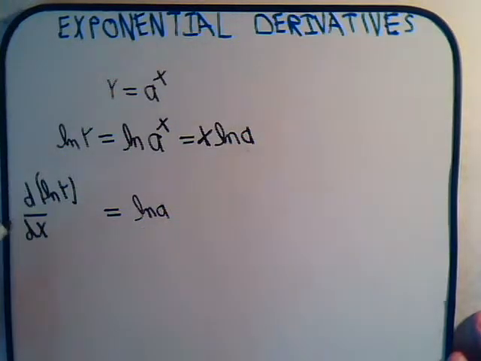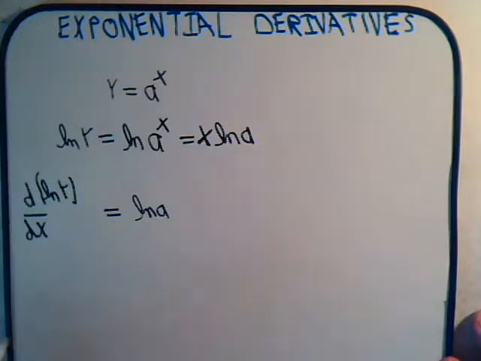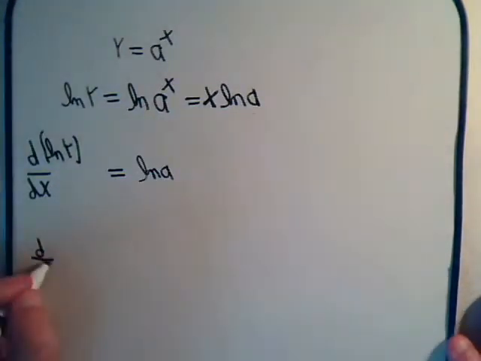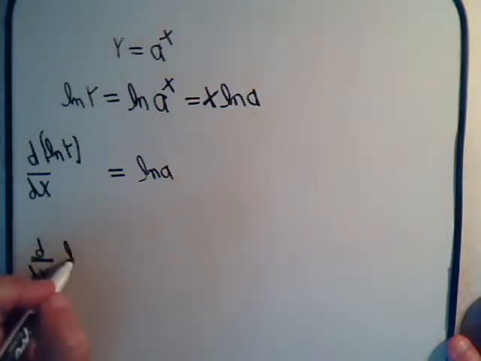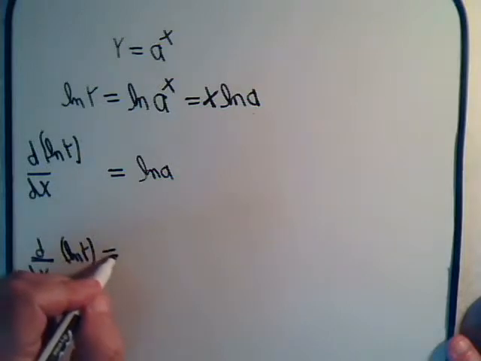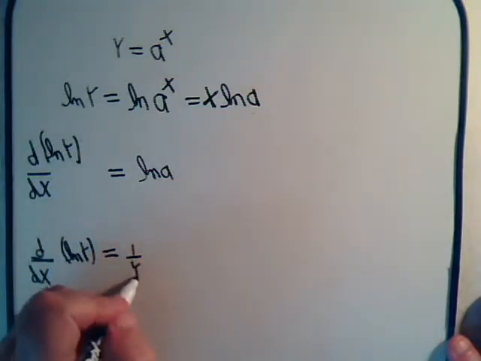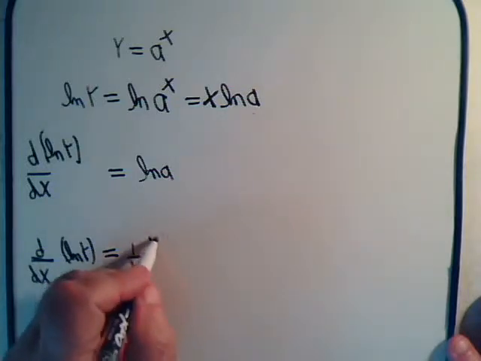But here, looking at this, we can use our technique of logarithmic differentiation, and we can write this out further. We would say that d/dx of the natural log of y, that's equal to 1 over y dy/dx.